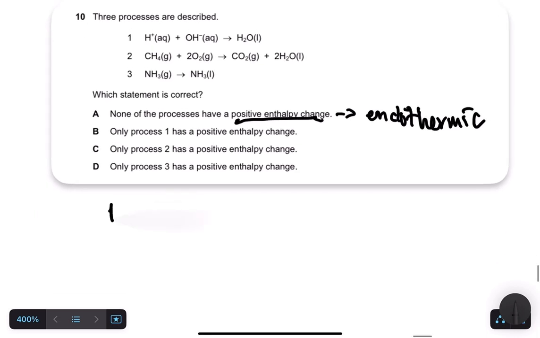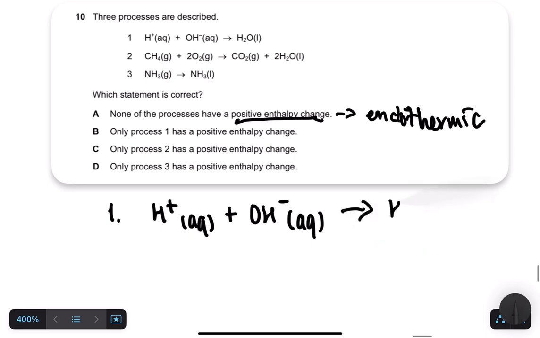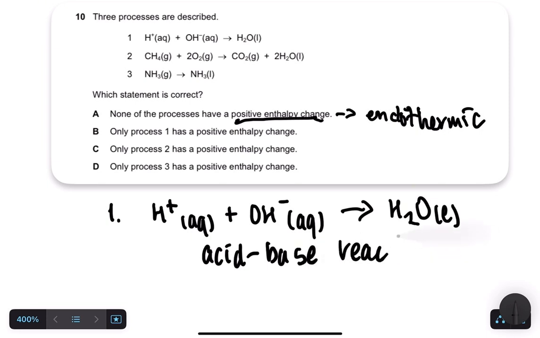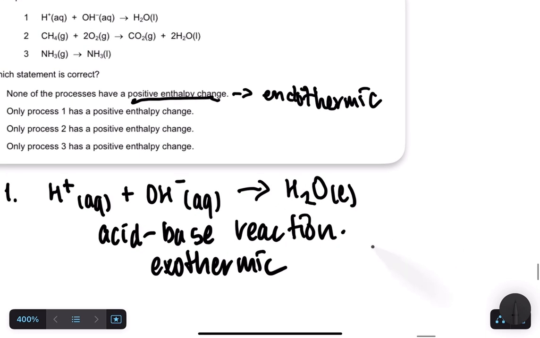So for the first reaction, it is the acid-base reaction: when a proton reacts with OH negative ion, it forms water. So it is a neutralization acid-base reaction. Therefore, it is exothermic, and delta H is negative.